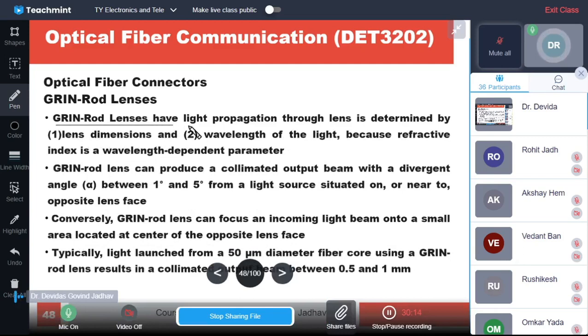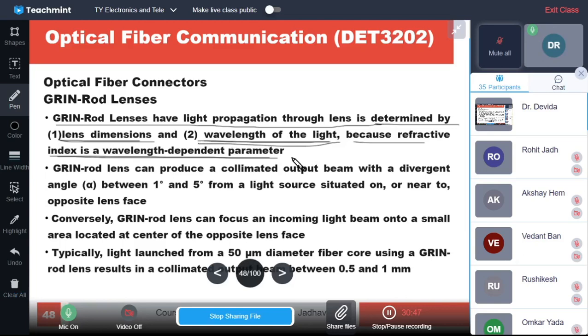So in green rod lenses, light propagation through the lens is determined by lens dimensions and wavelength of the light. How the light will propagate is determined by two things: one is lens dimension and second is wavelength of the light which is propagating, lambda. Because refractive index is a wavelength dependent parameter, it depends on wavelength of the light.